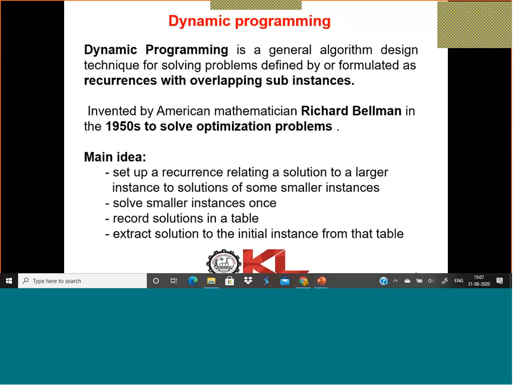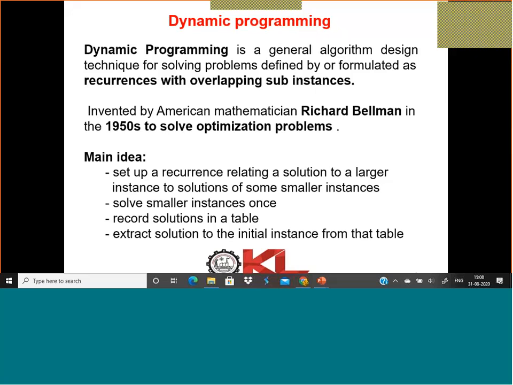It was invented by American mathematician Richard Bellman in 1950 to solve optimization problems. The divide and conquer model is not used for solving optimization problems, whereas the dynamic model is used only for solving optimization problems. The main idea is to set up a recurrence relating a solution to a larger instance to solutions of some smaller instances.